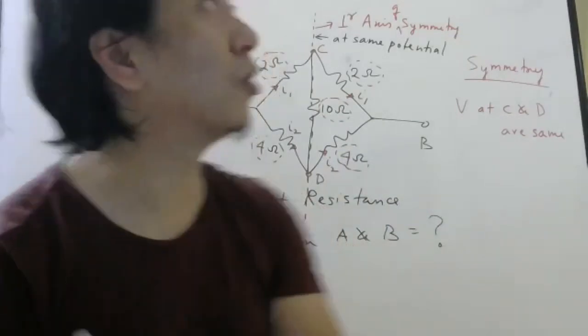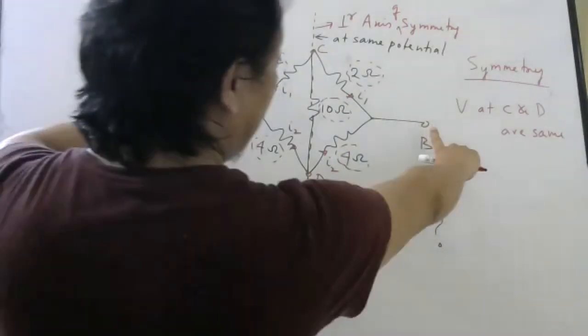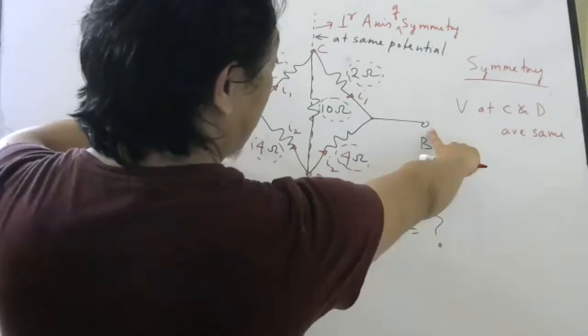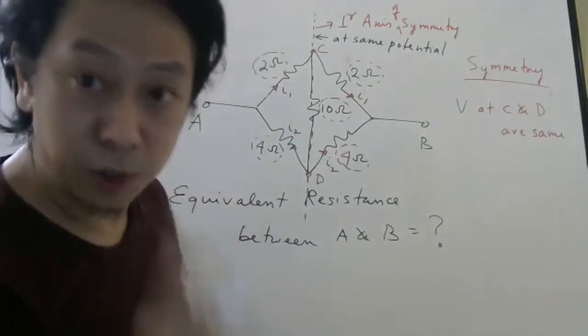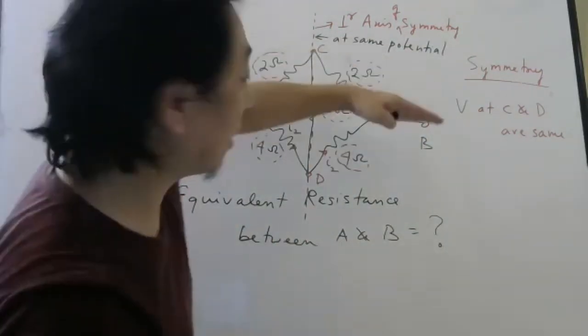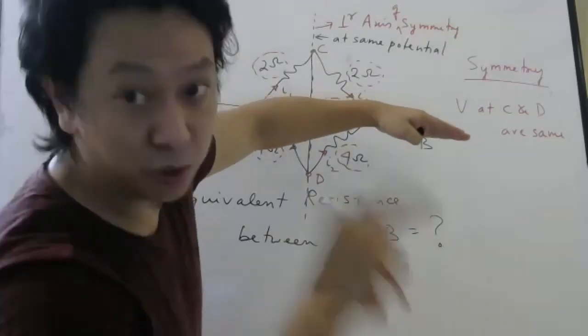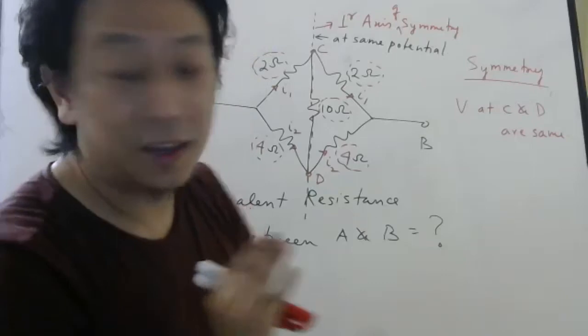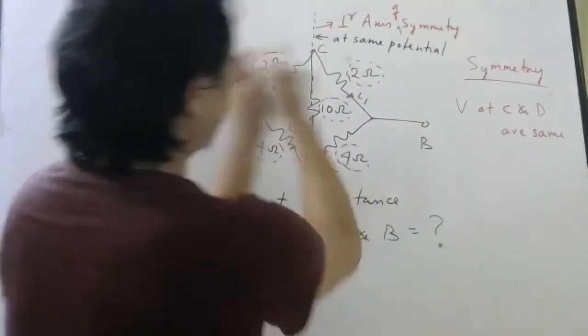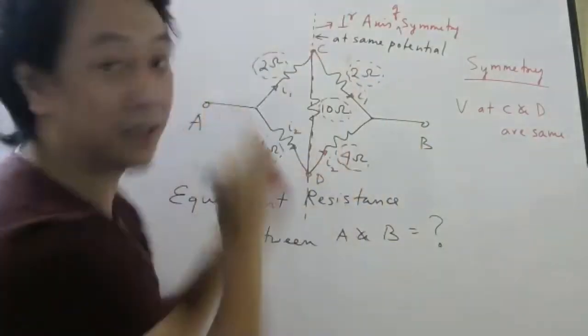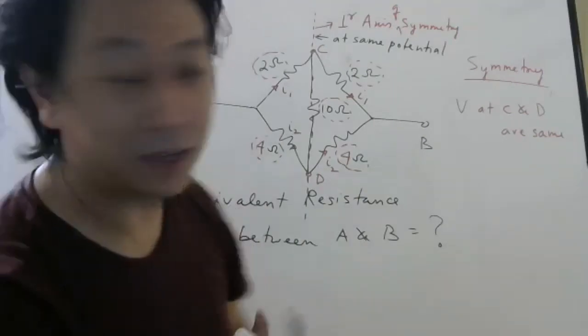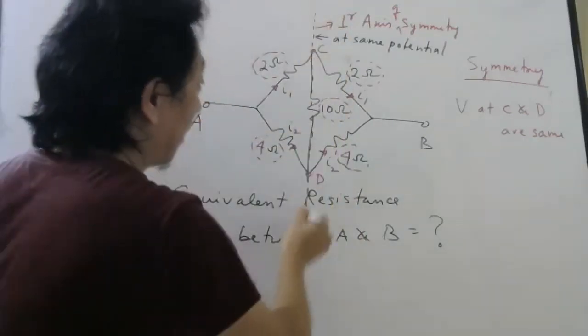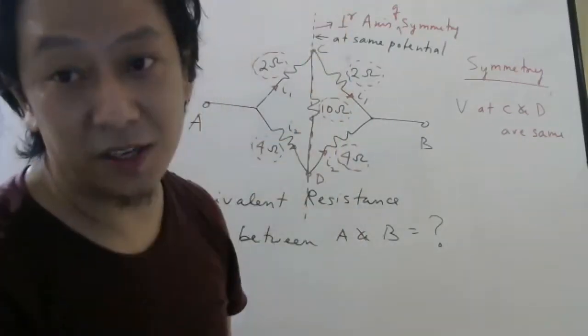Let me repeat one more time. If they want equivalent resistance between 2 points, imagine one line like this between those two. Now you draw a perpendicular line and check if the circuit looks symmetrical this side and this side. If it looks symmetrical, then all the points here will be at the same potential.